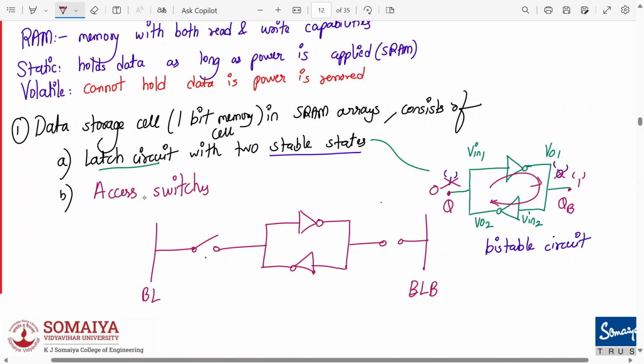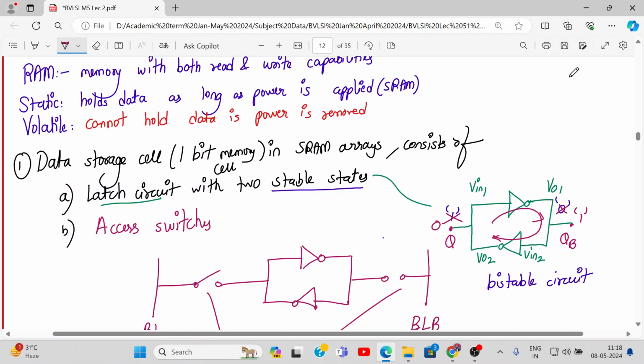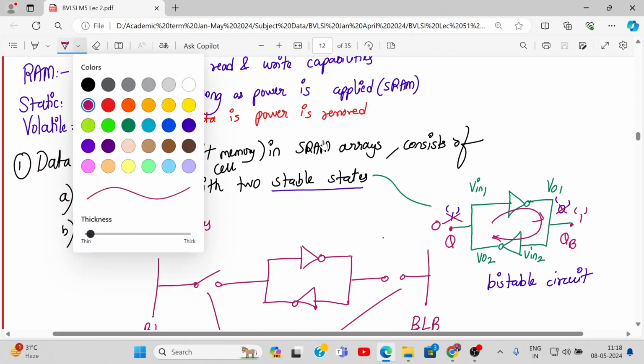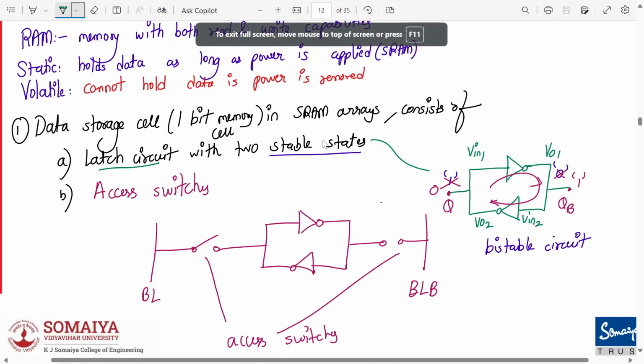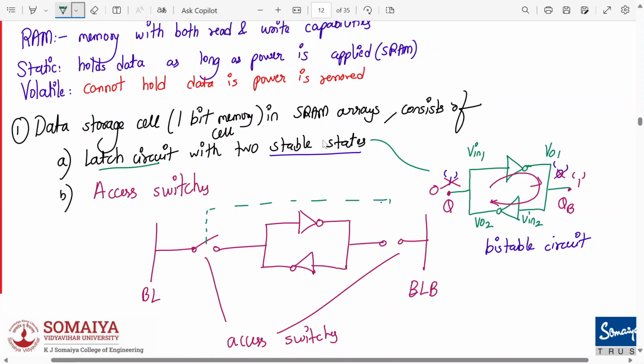And these are your access switches. Access switches will be turned on using a control mechanism, the word line. So we have a bit line bar or BLB, and then we have a word line.